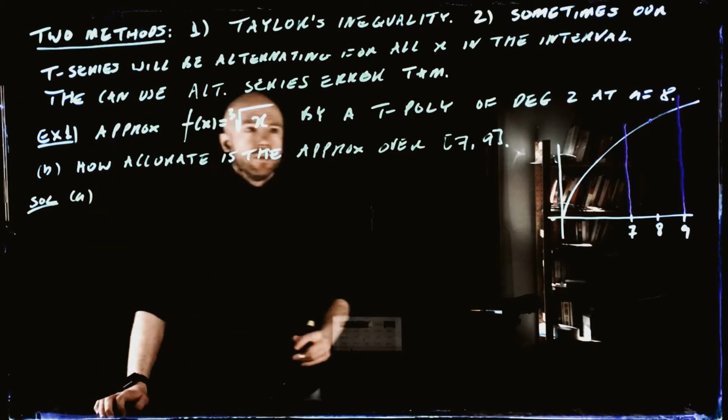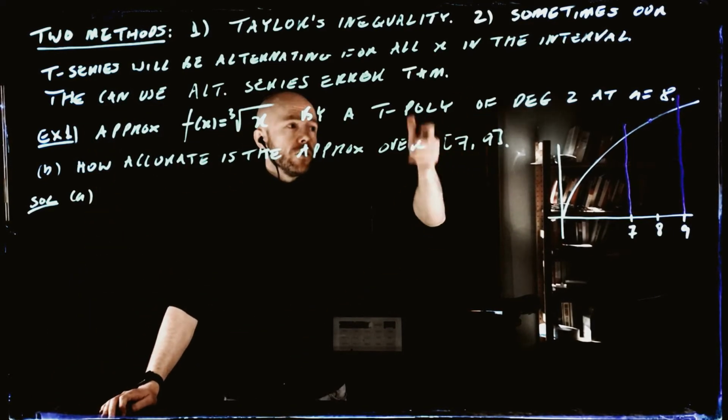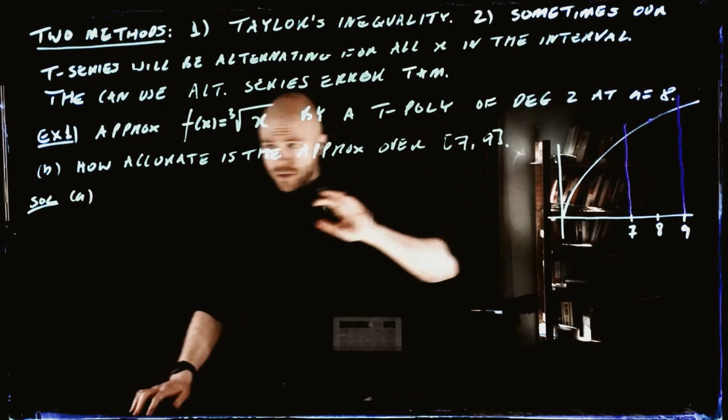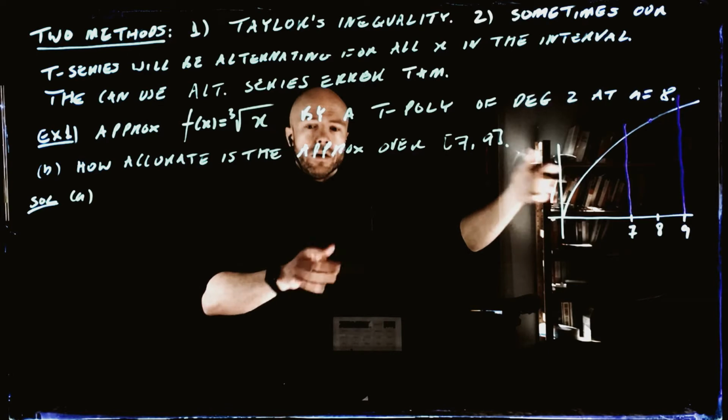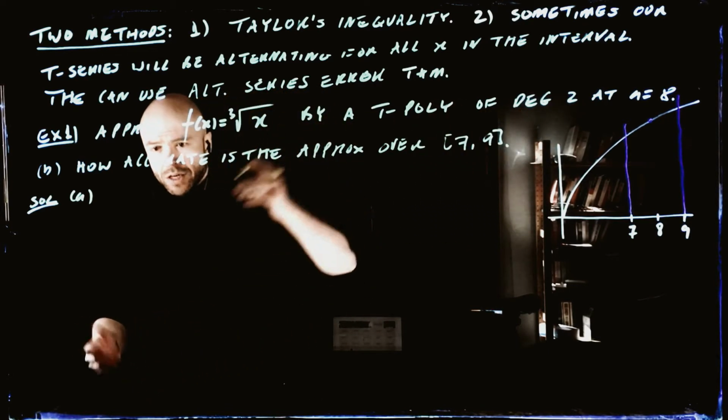A. So we need to find the Taylor polynomial of degree 2 at 8. This should not be too hard, right? So first, let's write down what the Taylor polynomial of degree 2 at 8 is in general, right?